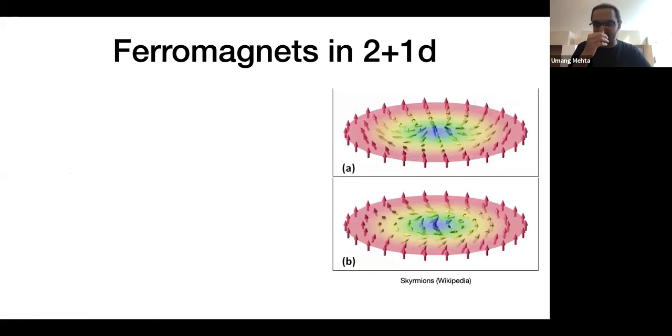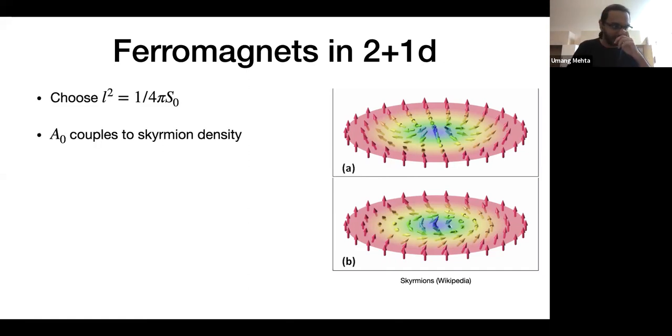Let me remind you, skyrmions are topologically non-trivial configurations in these ferromagnetic systems in nonlinear sigma models that are characterized by a winding of the vector n in the target space. In particular, the skyrmion density is something whose integral is quantized to be an integer and measures this winding.